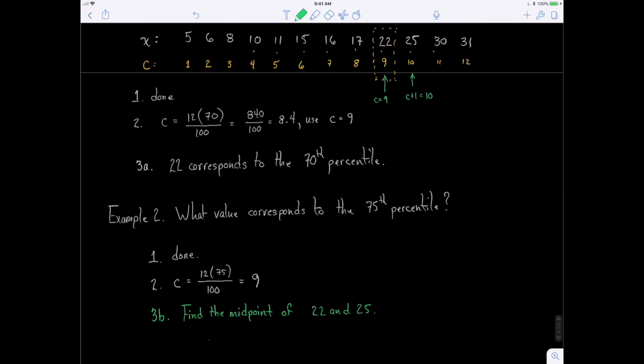That gives me 22 plus 25, in parentheses, divided by 2. Well, that's 47 divided by 2, which gives us a value of 23.5. And so we would conclude that 23.5 corresponds to the 75th percentile. And that is how we find our percentile rank. Thanks for watching.